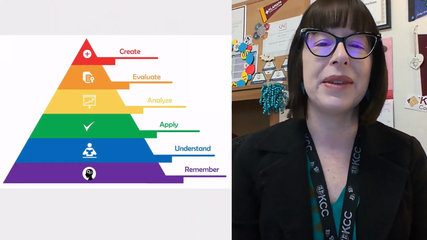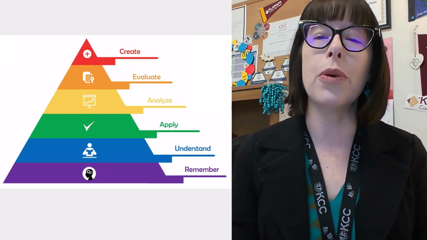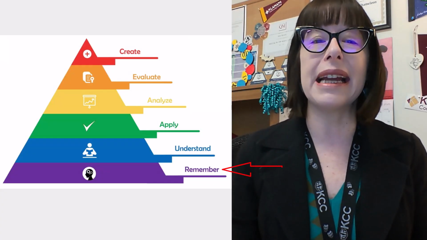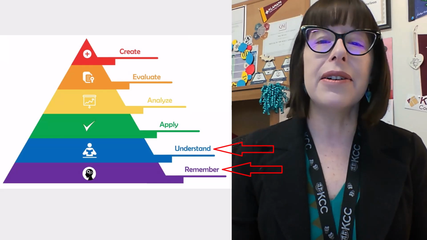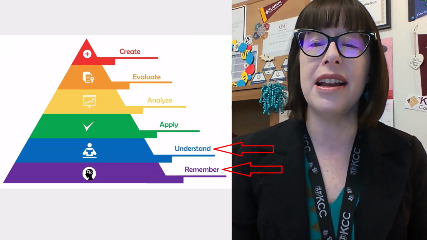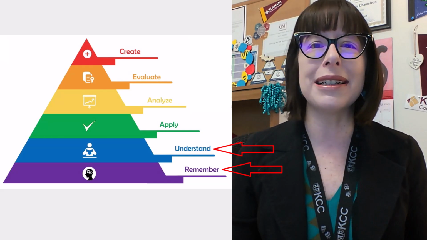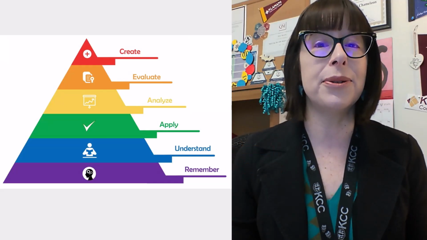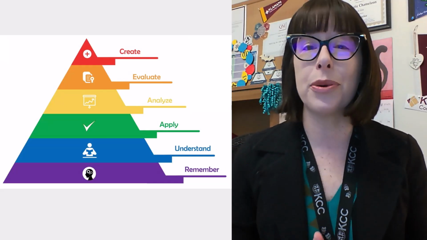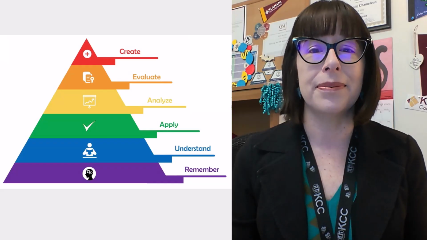Let's think for a moment about Bloom's taxonomy. When we focus on those lower levels, those remembering and understanding levels, there is less room for interpretation and thus less room for discussion. 2 + 2 = 4. The Spanish word for cat is gato.